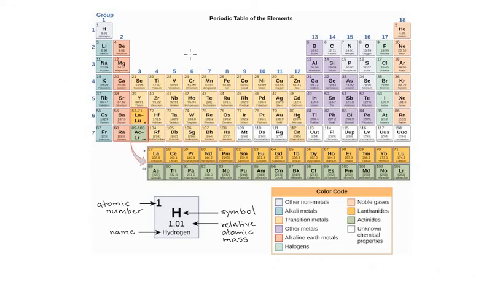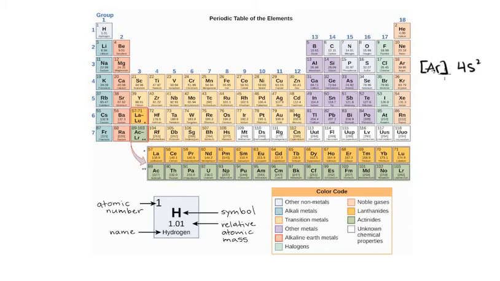On a final note, I'm going to talk about the shorthand method that I just used. It's called noble gas configuration. Let's say I want the electron configuration for calcium. I don't want to write all this, so I'm just going to say argon 4s2.